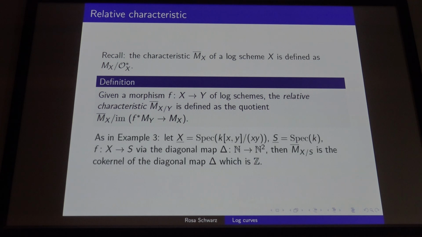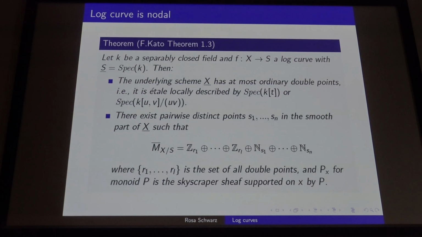So for example, in one of the examples where there was a union of the coordinate axes over a point, the map of monoids was the diagonal map, and then its cokernel is this. The quotient will be the cokernel of that map, and it will be a copy of Z. So that's what you would call the relative characteristic. And then we have the theorem, which explains what the geometric fibers of a log curve look like.